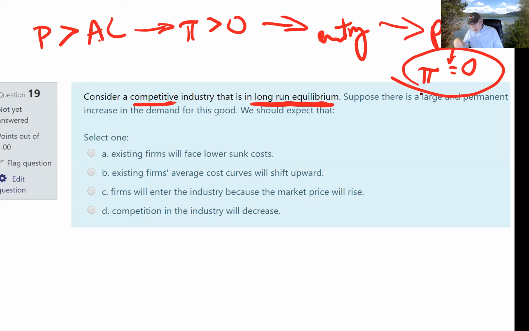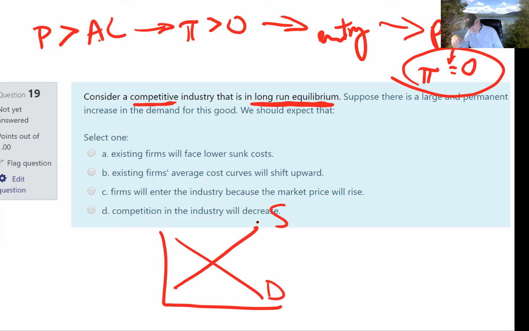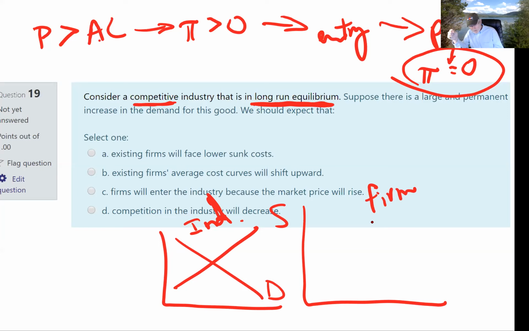profit. Suppose there's a large and permanent increase in the demand for this good, okay? So we're starting out, this is the industry. And then you can think about the situation as represented or as faced by the representative firm.